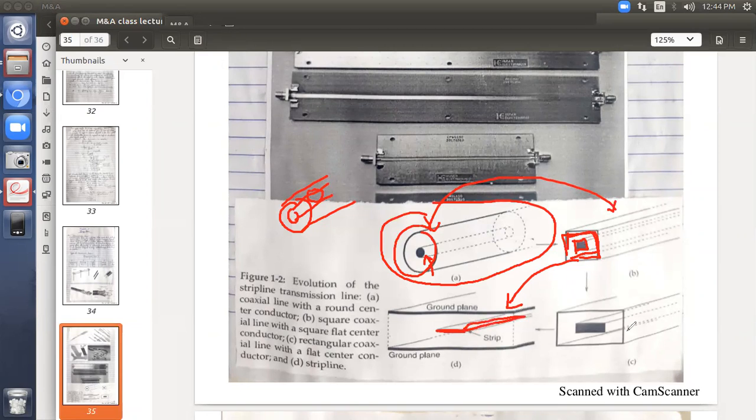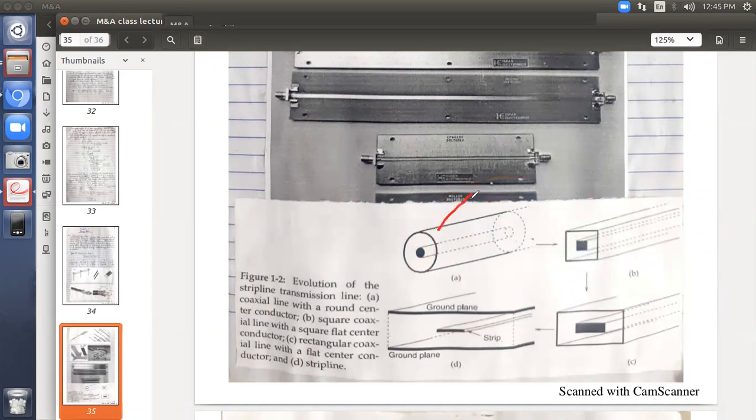Inside the structure, the same thing is built now. So a strip line somewhat looks like this. You can see it. A indicates a coaxial line with a round central conductor. This is your coaxial line. B is a square coaxial line. It is also a coaxial cable, but the structure is not circular, it is square shaped.